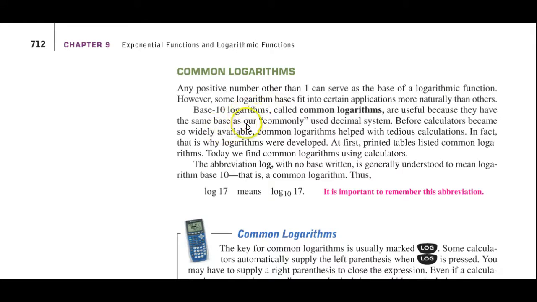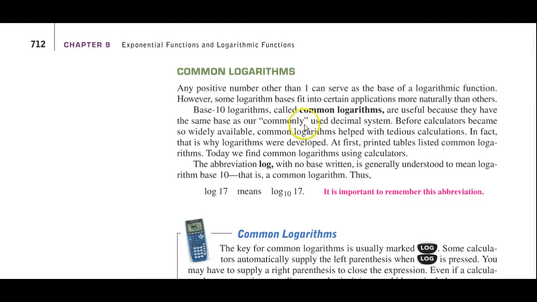There are other bases, and I recall in high school math when I would teach different bases, and we would work things out. I don't remember a lot of it, haven't used it lately. So when we see something like log 17, this is a shortcut, which means log base 10 of 17. I remember in high school using the logarithmic tables in the back of our book, where we had to get an approximation.